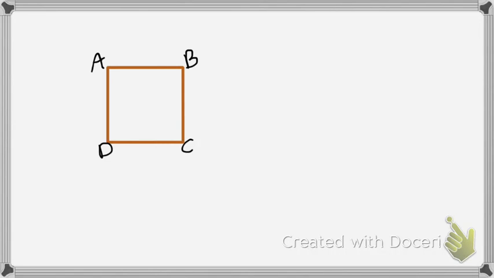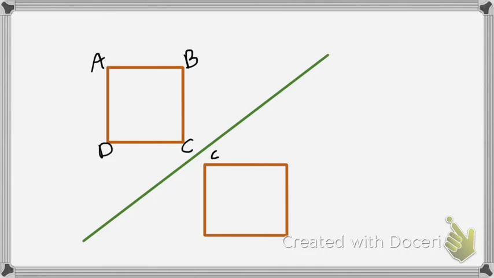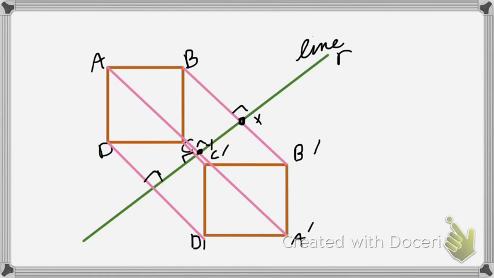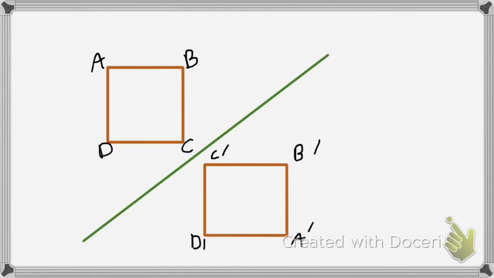Here we have a quadrilateral, and we're going to reflect it over that line. We know that we're going to end up with A prime, B prime, C prime, D prime.